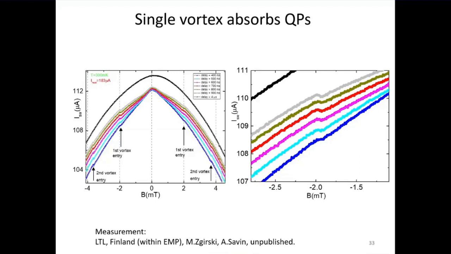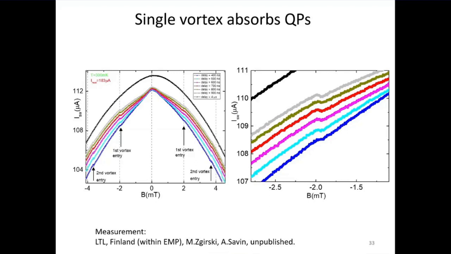Before that there is still no vortex on the way, and the critical current has some value. But when we add this vortex, it helps to kill some quasi-particles.